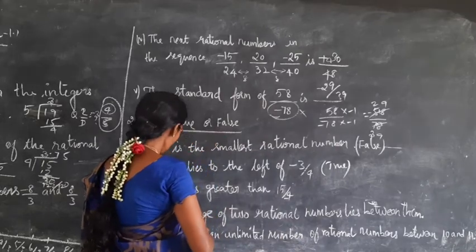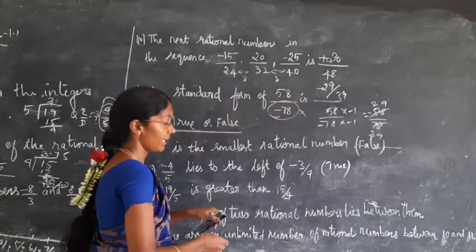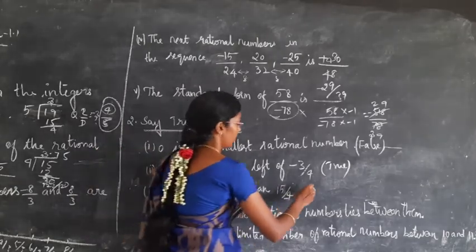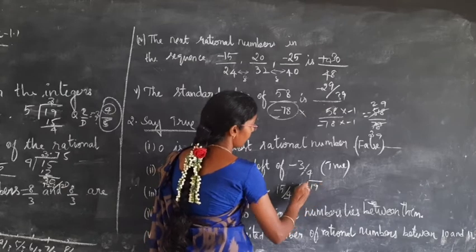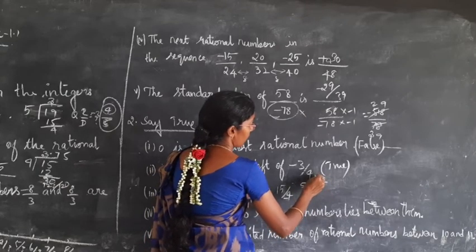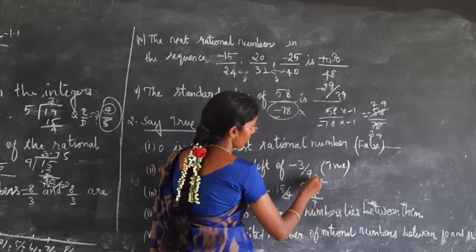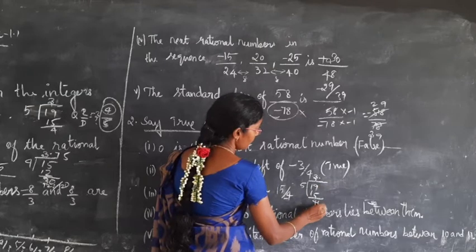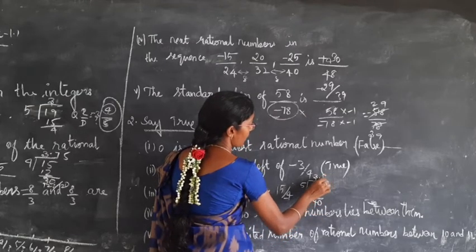So the next one, minus 19 by 5 is greater than 15 by minus 4. So how will you find? 19 by 5, 3 5s are 15, balance 4.0. So 8 5s are 40.